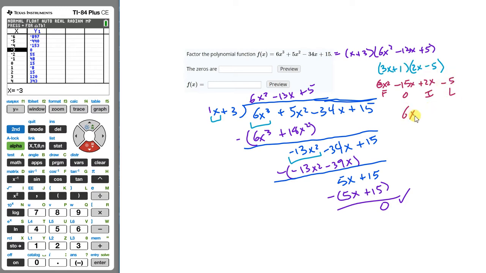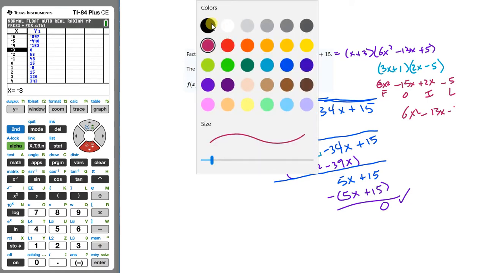So I have 6x squared minus 13x minus 5. Did I goof up? Looks like I goofed up. Let's try switching them. Sometimes you goof up, especially when you're recording at 3:30 in the morning. No joke. So let's go ahead and switch them. Life's fun sometimes.